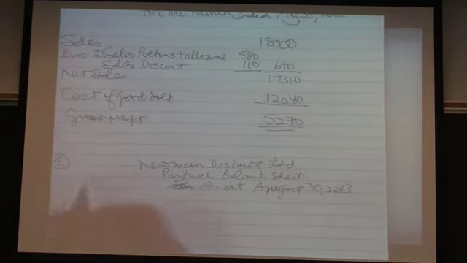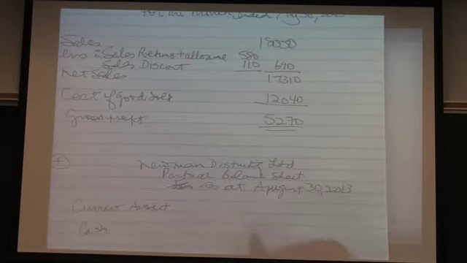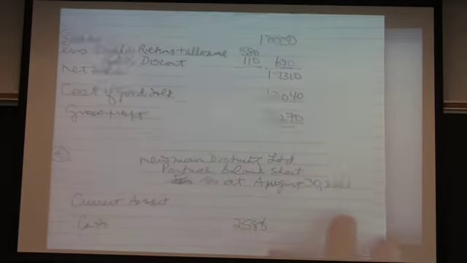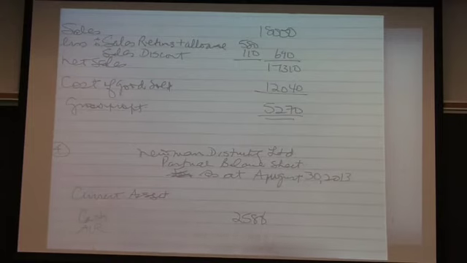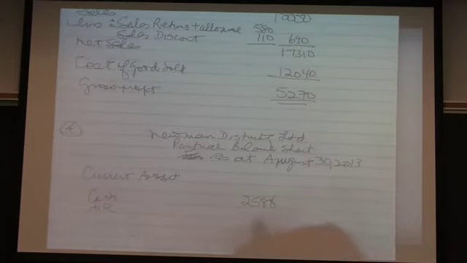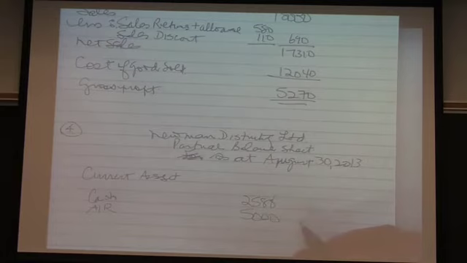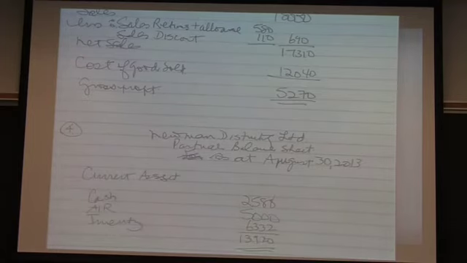And they only want current asset. So first we have cash, 2,588. We have accounts receivable, 5,000. These are from the ending balance of the T account. And we've got inventory for 6,332. That's my total current asset. Okay, thank you.